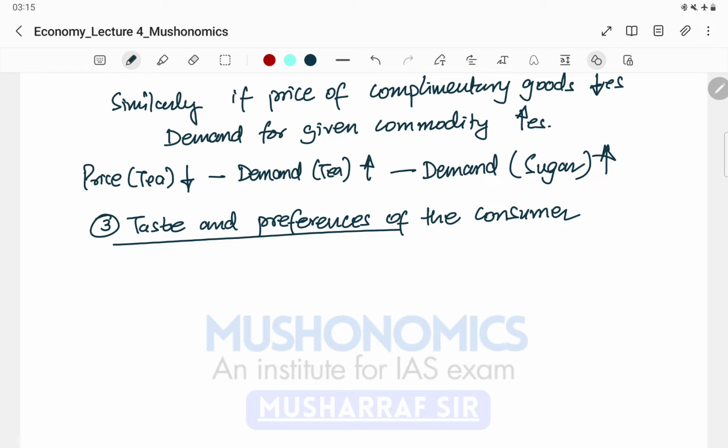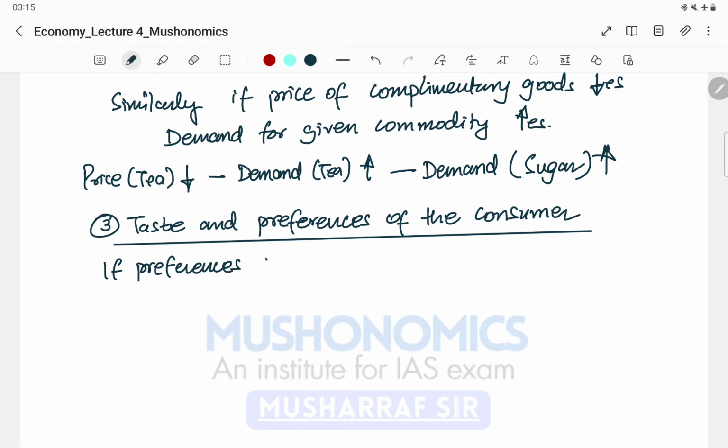So here we can talk about, for example, if preferences shift towards the commodity, then demand increases.